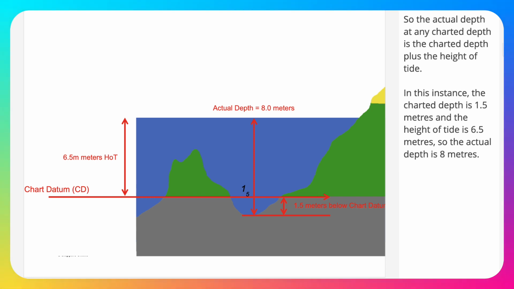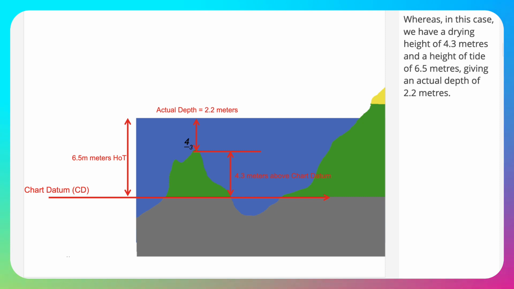In this instance, the charted depth is 1.5 meters, and the height of tide is 6.5 meters, so the actual depth is 8 meters. Whereas in this case, we have a drying height of 4.3 meters and a height of tide of 6.5 meters, giving an actual depth of 2.2 meters.